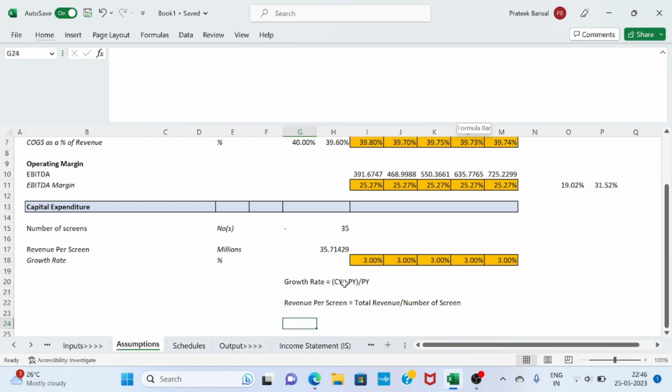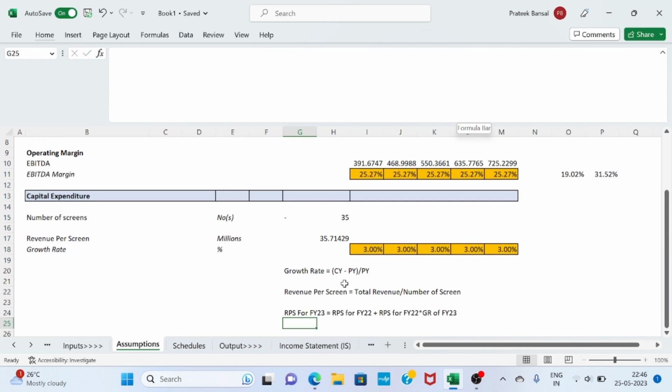Now if I say that RPS for fiscal year 23, given that the growth rate for fiscal year 23 is 3%, what it means is RPS for fiscal year 23 will be equal to RPS for fiscal year 22 plus RPS for fiscal year 22 into growth rate of fiscal year 23, right?